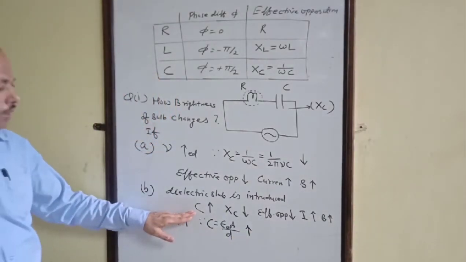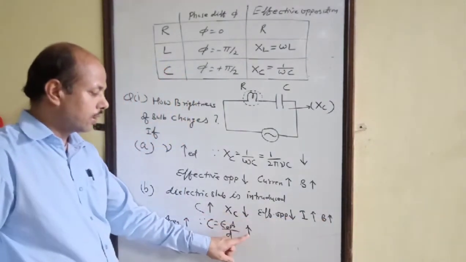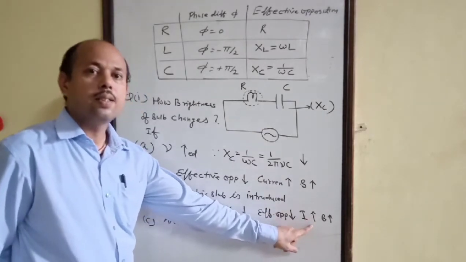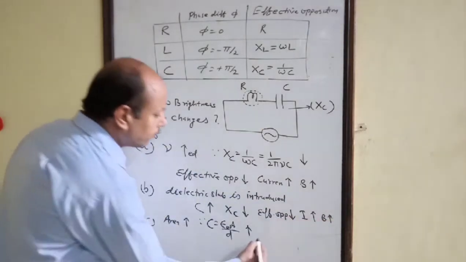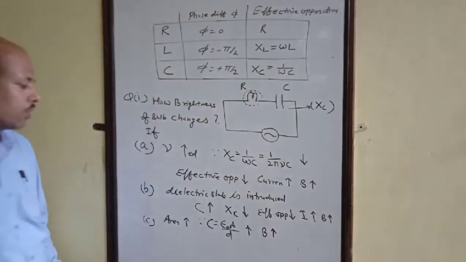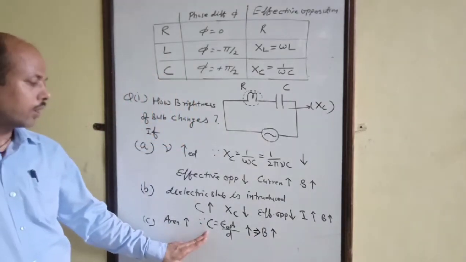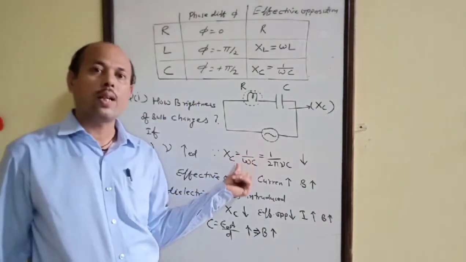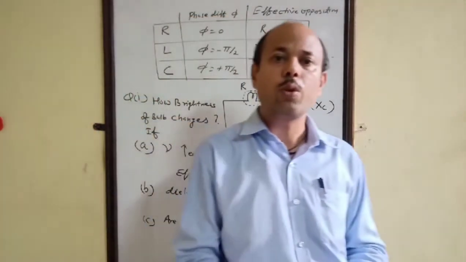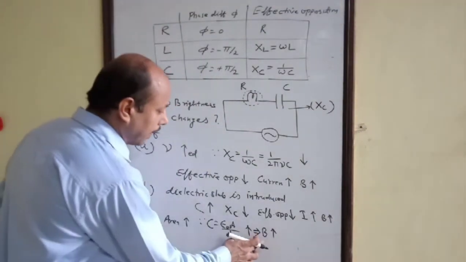And since C increases, the whole effect will remain the same. It means again Xc decreases, effective opposition decreases, I increases, and brightness increases. So the final answer is that brightness will increase. I have written 2-3 steps directly: C increases, therefore Xc decreases, which means effective opposition decreases, therefore current increases, hence brightness will increase.